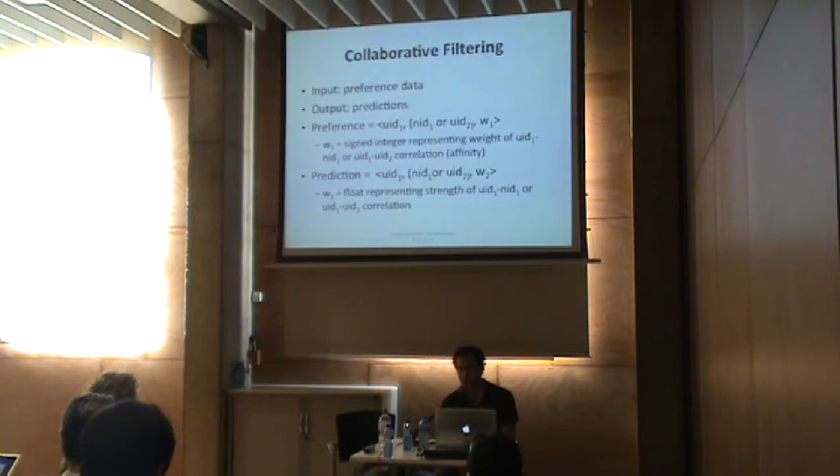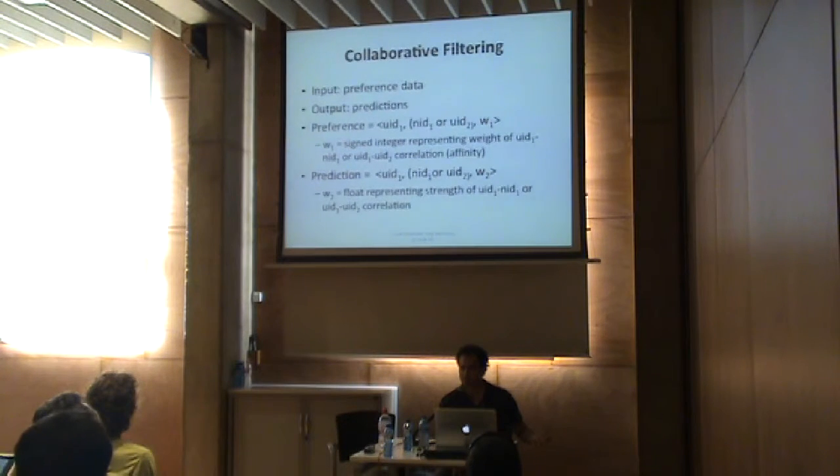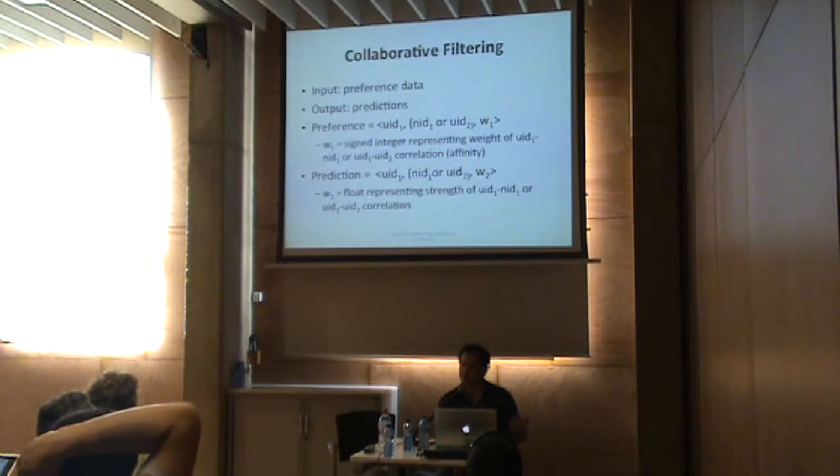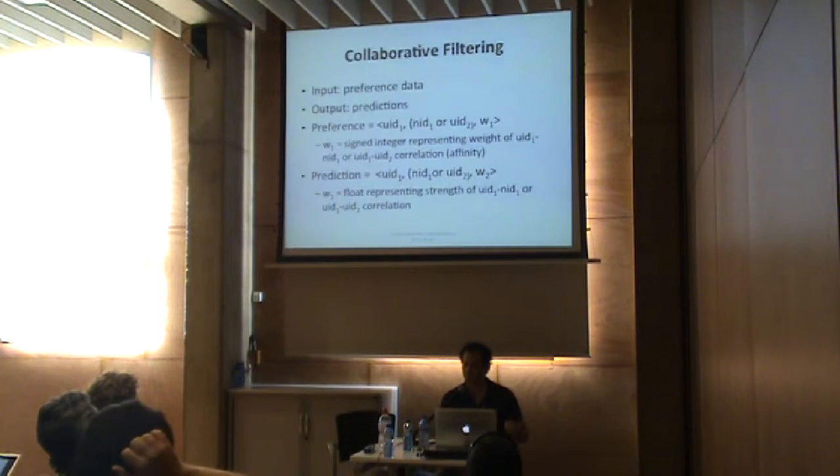So I'll talk briefly about what collaborative filtering is. Basically it means taking in all of the preference data of your users, which is up to you what that means, but it's up to the Recommender API helper module, if you will, to identify what's interesting in terms of preference data.